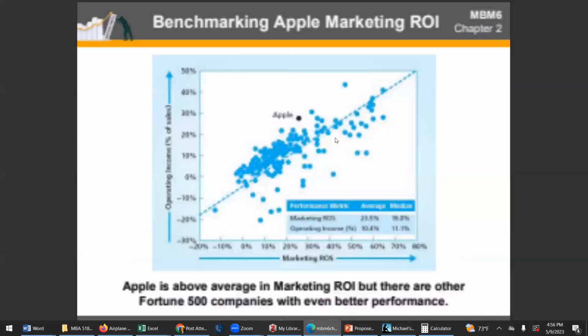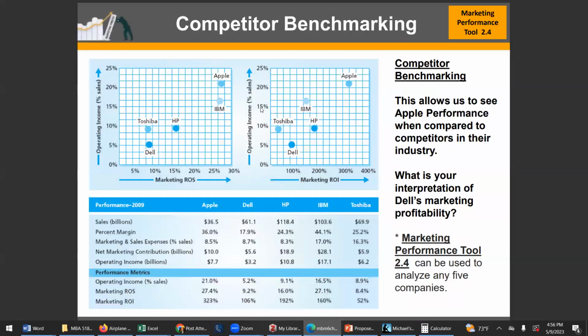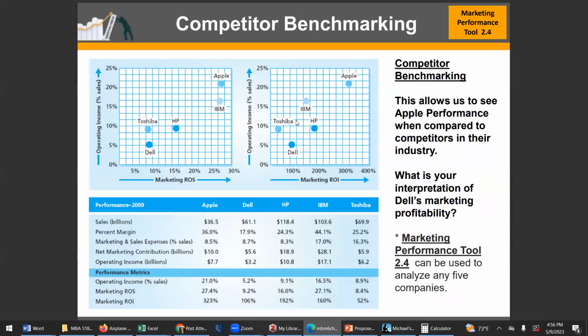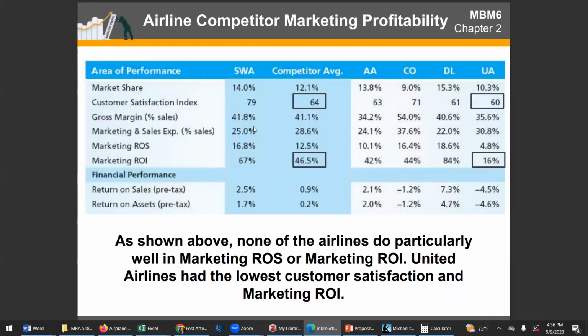So we looked at the IT industry, then we looked at the leader in that industry, and then compared it to the Fortune 500. Let's look at another industry, airlines. Ooh, that's a tough business. If you want to be in the airline business, this is pretty tough.